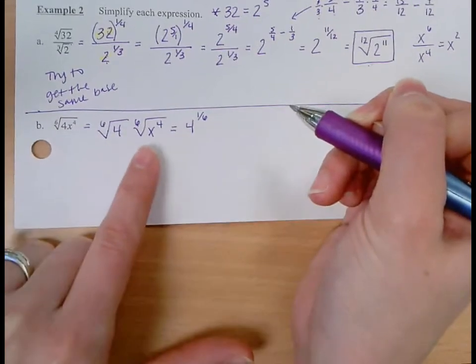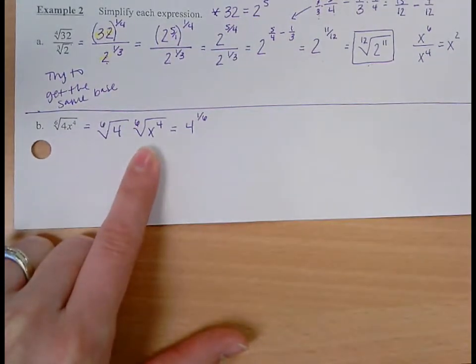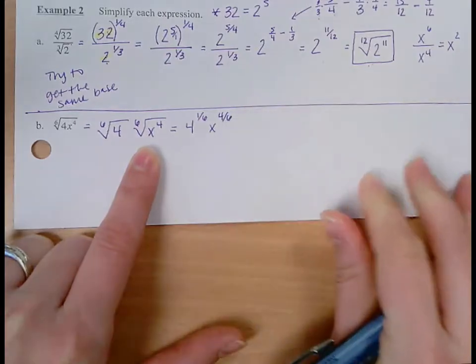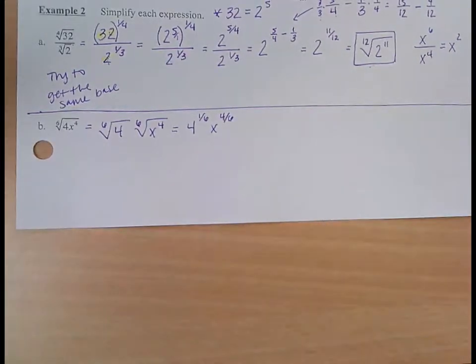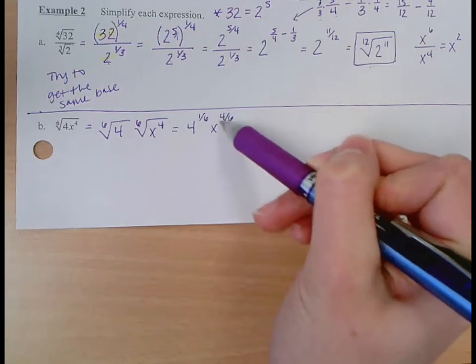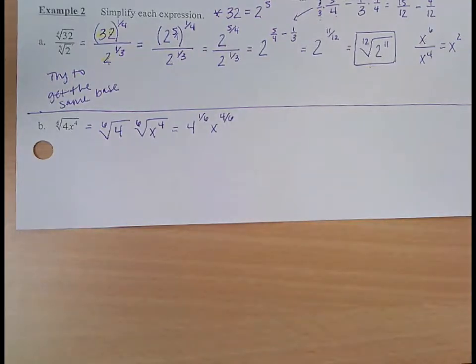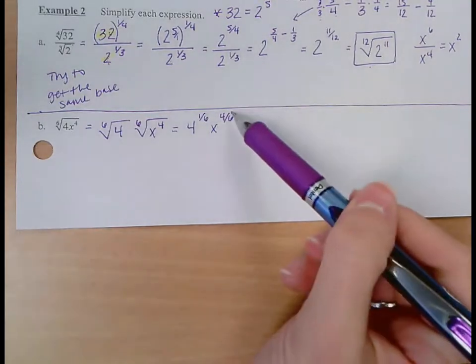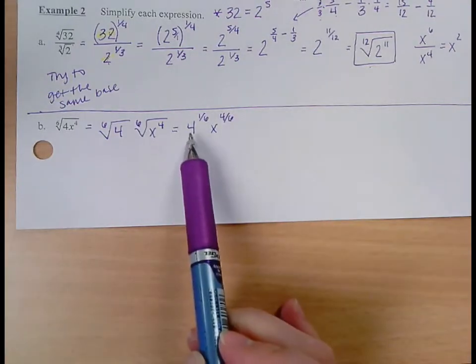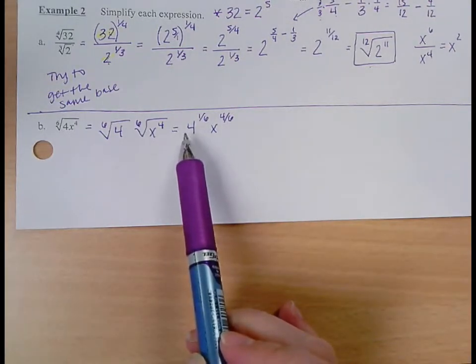And then the sixth root of x to the fourth would be x to the 4/6. So hopefully you can already see that for the x, this 4/6 will simplify to 2/3. So that's already simplifying the index of the radical. The 4 still appears like it can't be simplified.